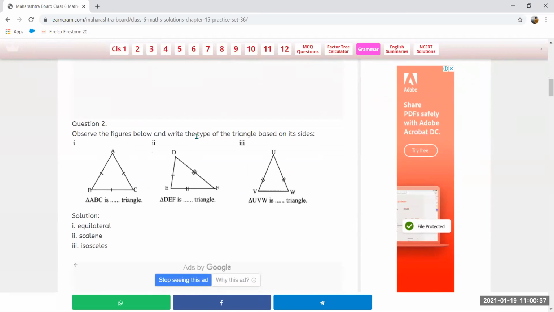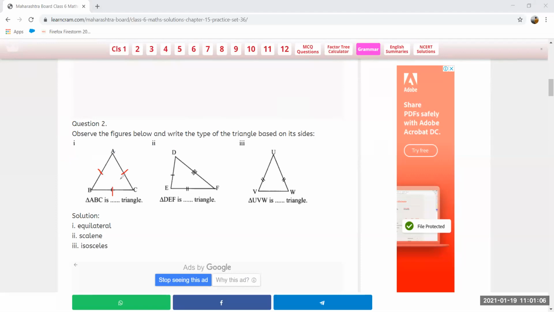We observe question number 1. In question number 1, we observe the figure, and on the basis of angle, we give the type of triangle, meaning right angle triangle, obtuse angle triangle, acute angle triangle. Now in question number 2, this sign represents equal, meaning in this triangle ABC all the sides are equal.